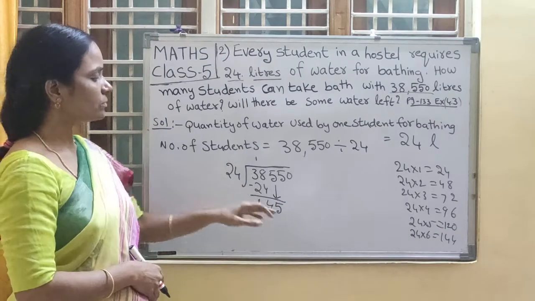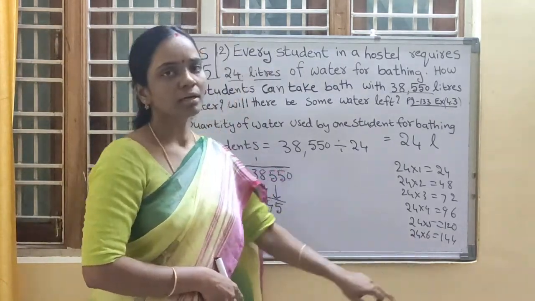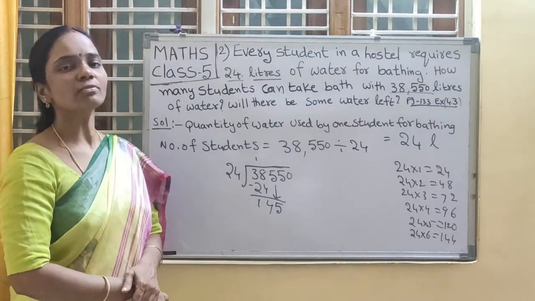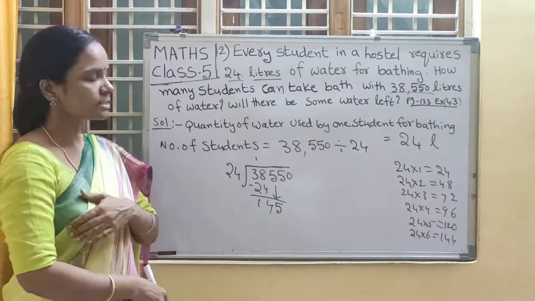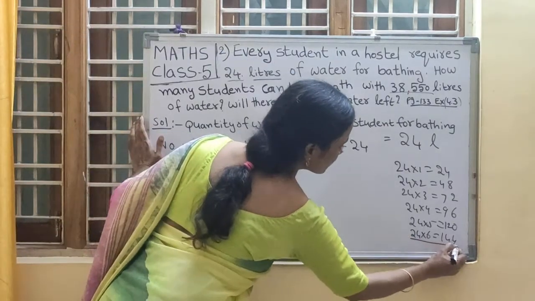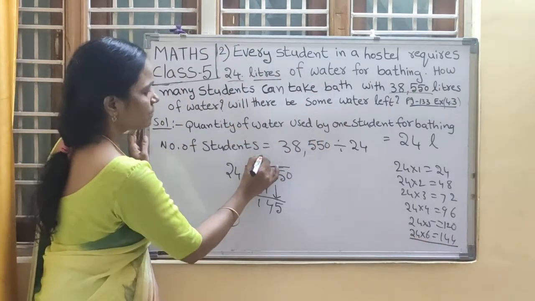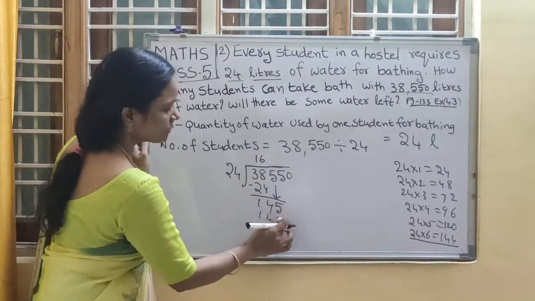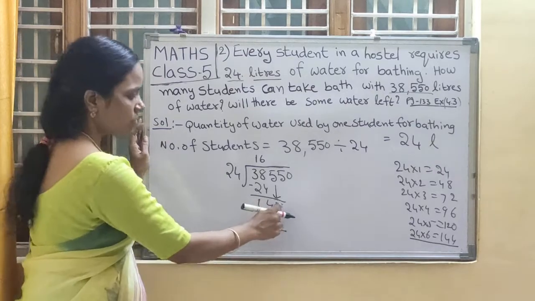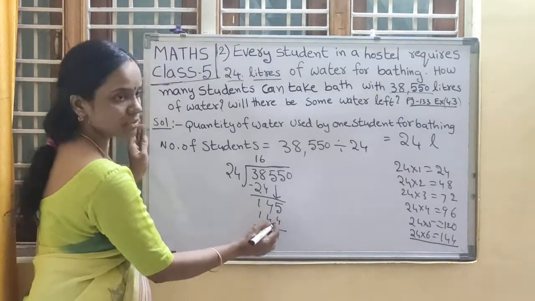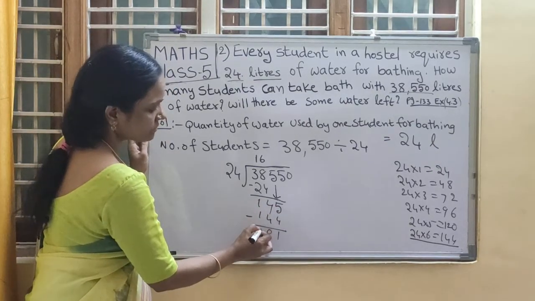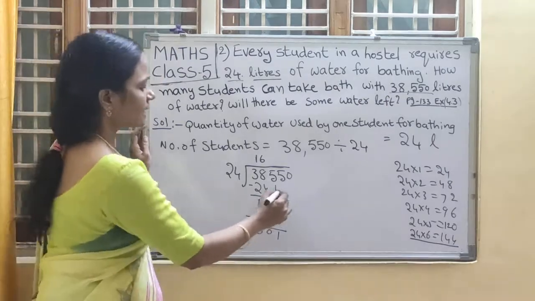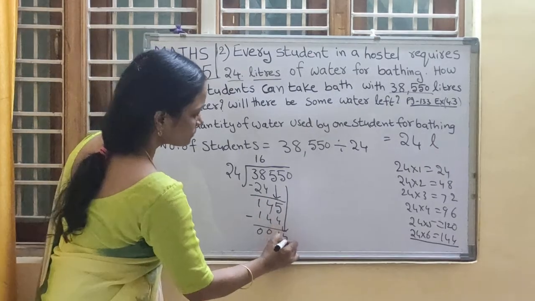In the 24 table, will you get exactly 145? No. Then we take the nearest smaller number, that is 24 sixes are 144. So write down 6. 145 minus 144: 5 minus 4 is 1, 4 minus 4 is 0, 1 minus 1 is 0. So 1.